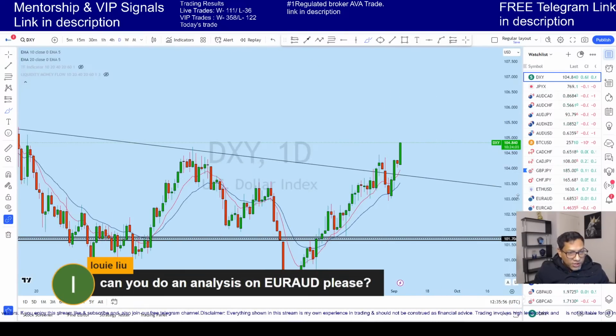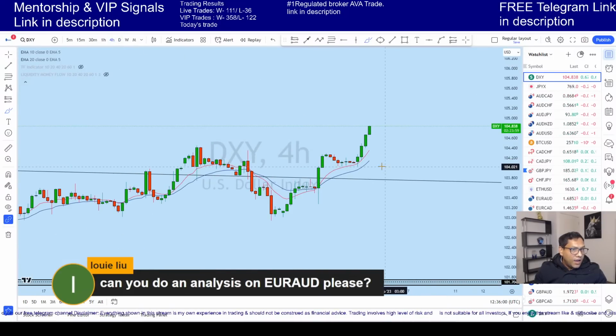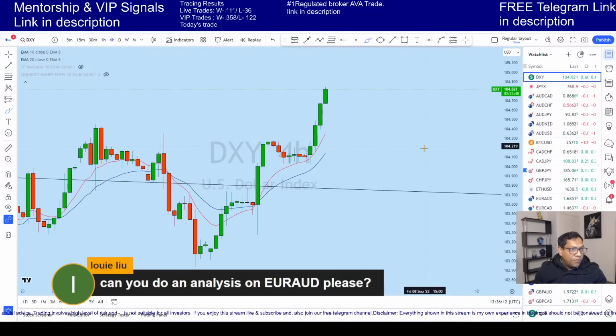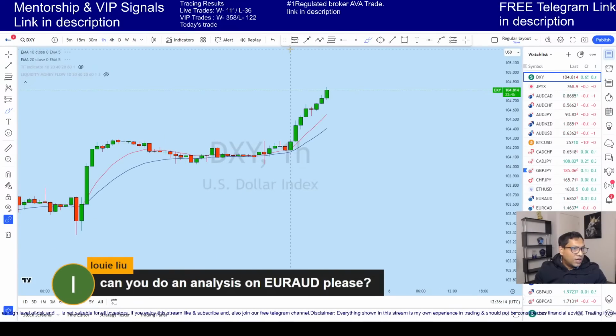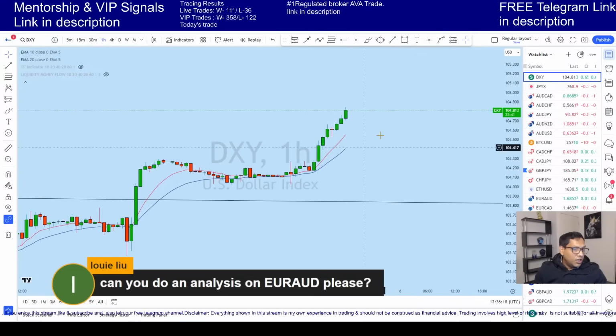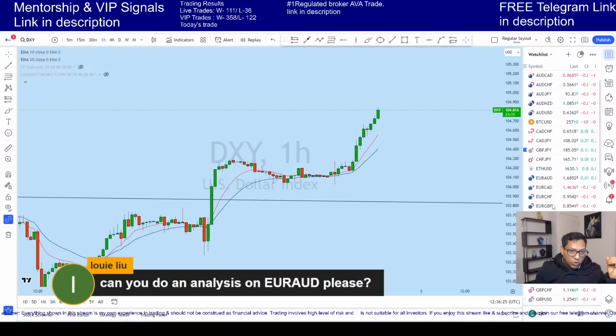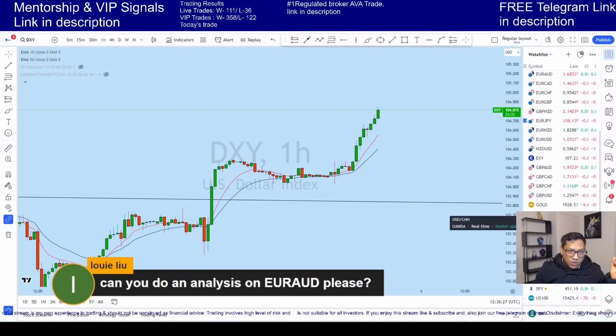So on the daily on DXY we see very strong momentum, and from the lower time frame we can see that DXY is forming a series of higher highs and higher lows, which is a very healthy uptrending market structure. So DXY is potentially bullish, and with that said, that could lead EUR USD, AUD USD, GBP USD towards the downside.